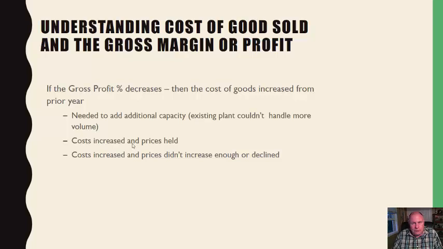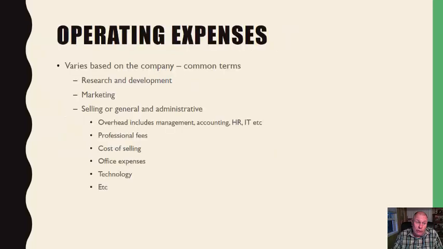Or costs increased and we didn't pass them along fast enough, or prices declined because of competitive situations. So that's the gross margin. We tend to focus on sales and then the gross margin and then dig deeper as appropriate.